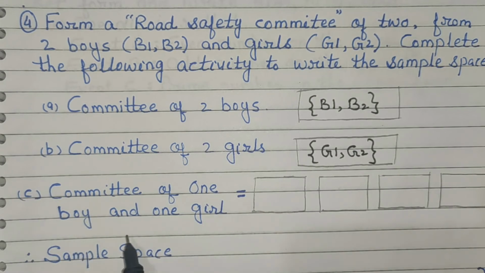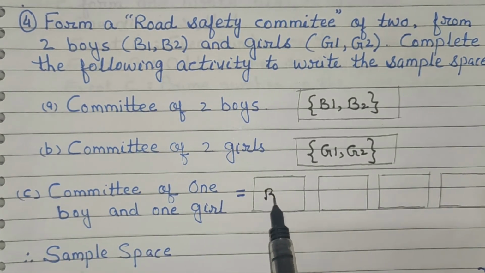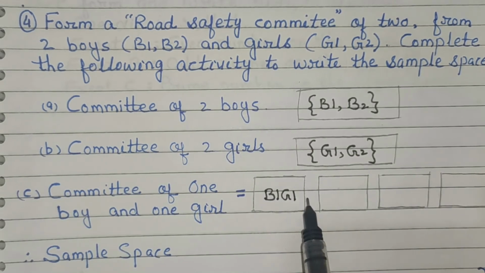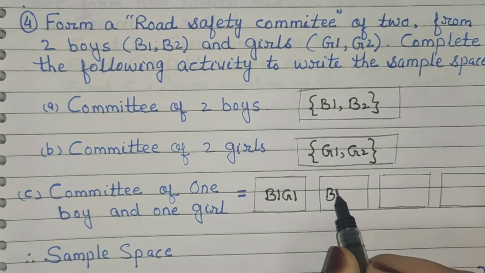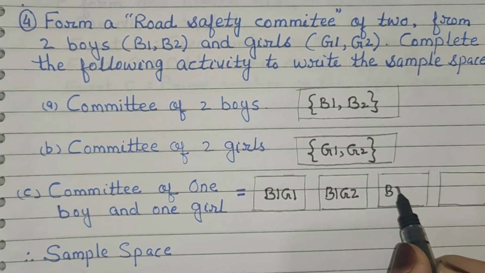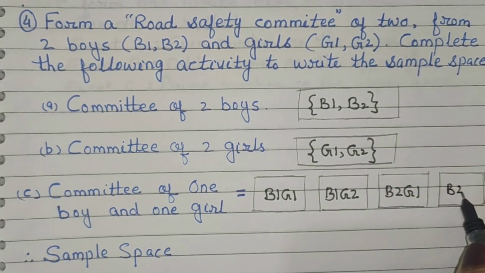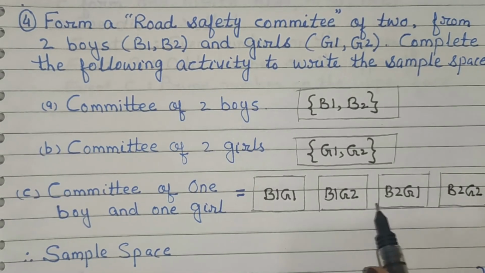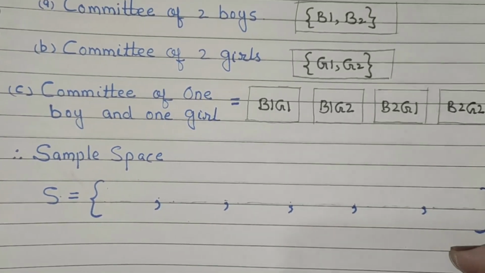Committee of 1 boy and 1 girl: B1, G1; B1, G2; B2, G1; B2, G2. Here 1 boy and 1 girl. Now write down the sample space here.